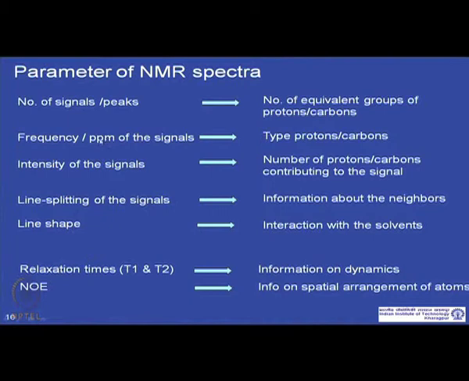The chemical shift or the delta H value will give the idea of what type of chemical environment, so what type of group, what type of proton or carbon they are. Intensity of the signals will be proportional to the number of protons or carbons contributing to the signal. So, obviously, the signal from 2 protons will be double the signal from 1 proton.